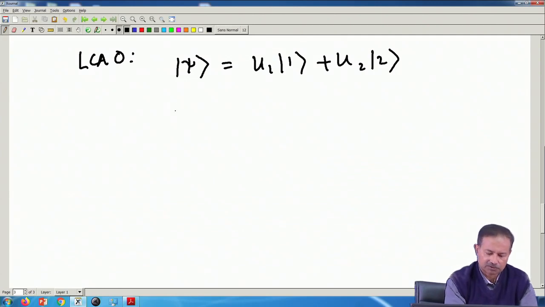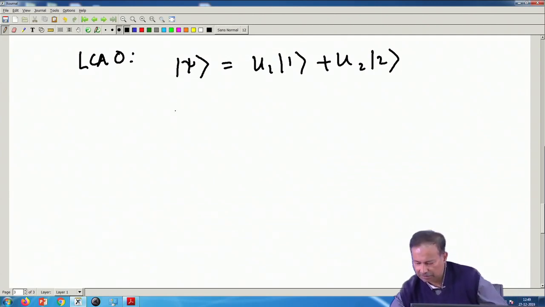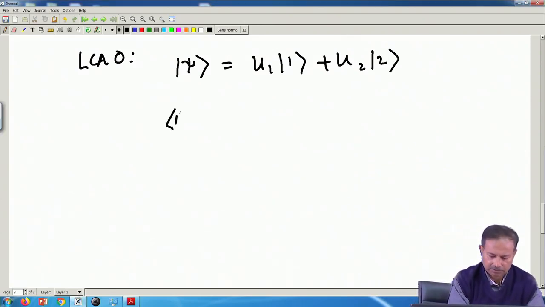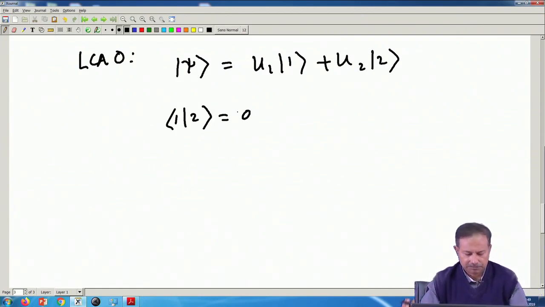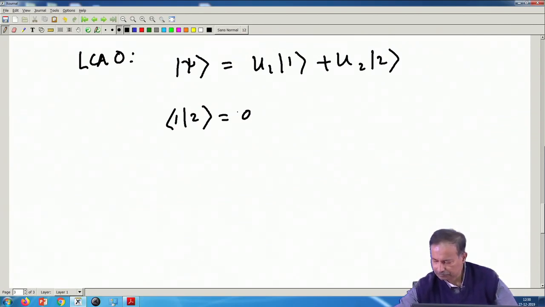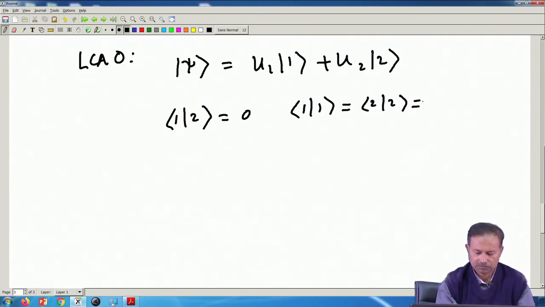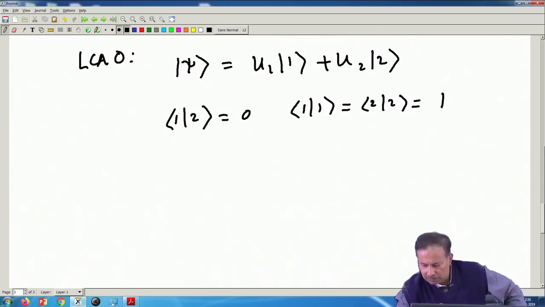So, orthogonal means that we take ⟨φ1|φ2⟩ equal to 0, and ⟨φ1|φ1⟩ equal to ⟨φ2|φ2⟩ equal to 1. So, they are orthonormal wave functions.